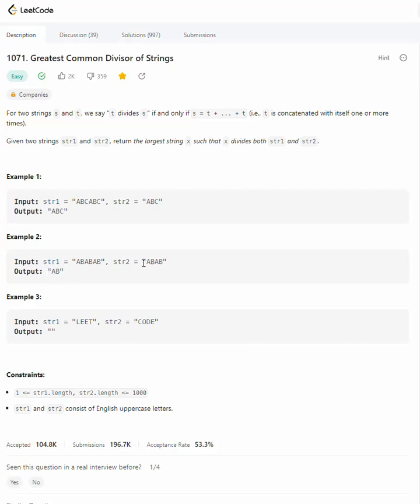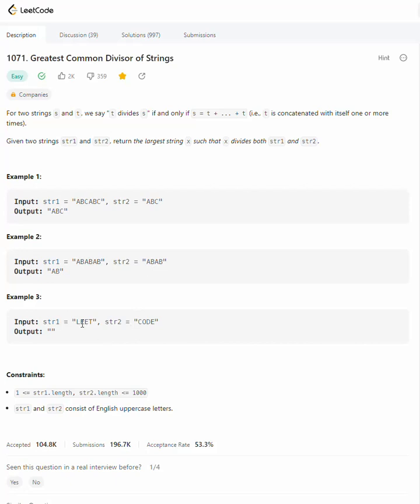But if I select the string ABAB itself, then it is not possible to divide string S1 by this, because its length is 4 and the other length is 6. Is it possible to divide 6 by 4? No. So we have to decrease its length, and if we select the string AB only, then AB can divide both string 1 and string 2.